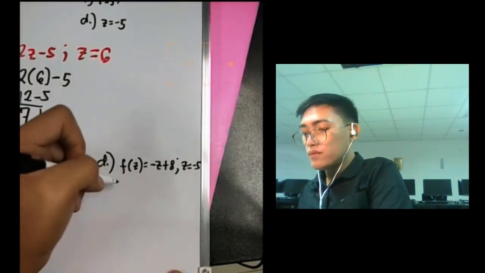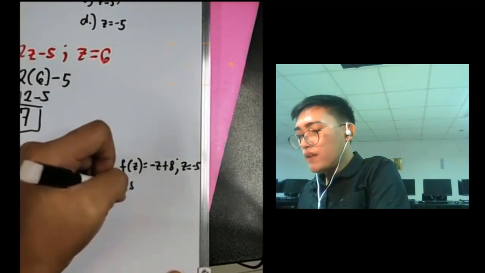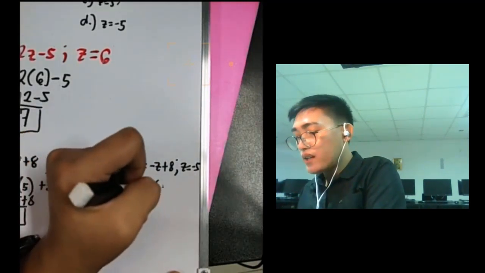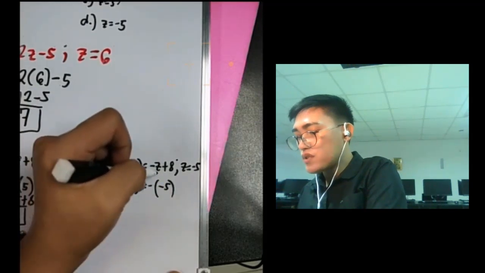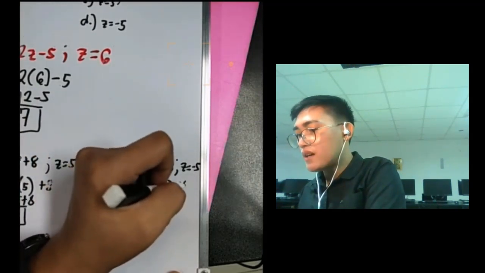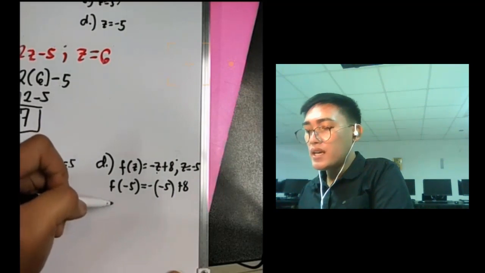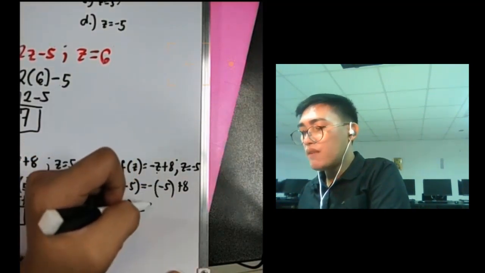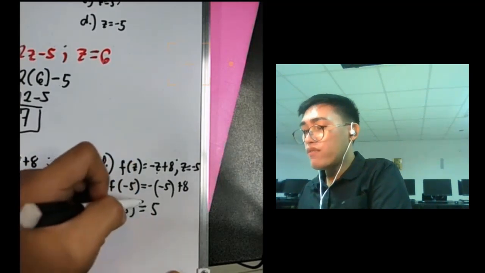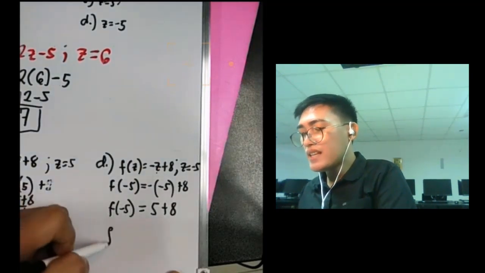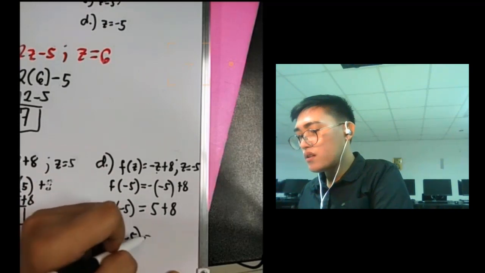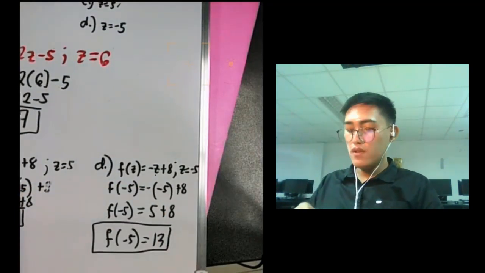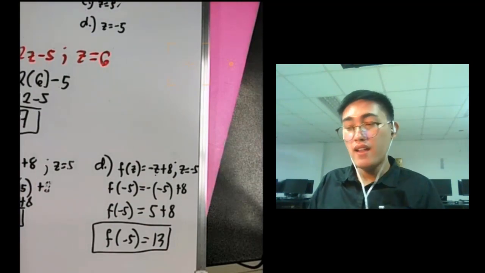Substitute po, f of negative 5 equals negative, the quantity of negative 5, kasi papalitan mo itong z ng negative 5 plus 8. That is, f of negative 5 equals negative times negative 5, positive 5, plus 8, last answer, 13. So, we got it for number 8.